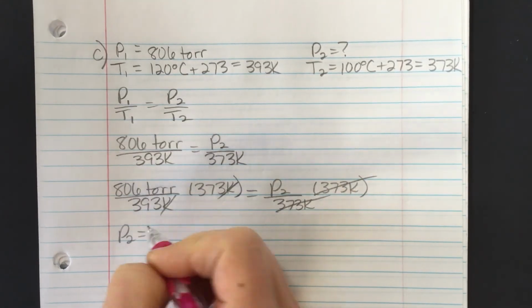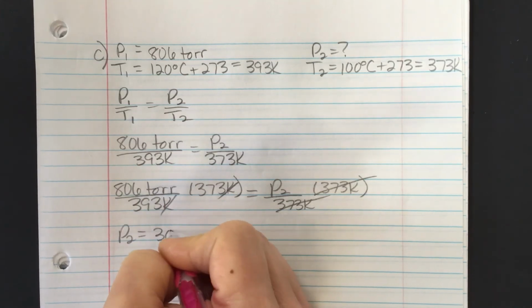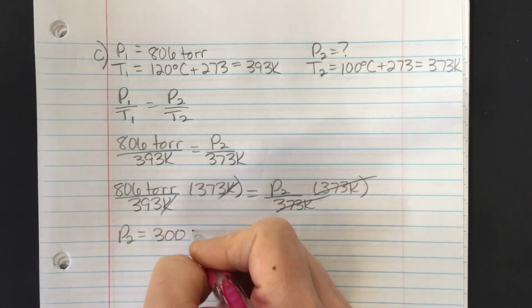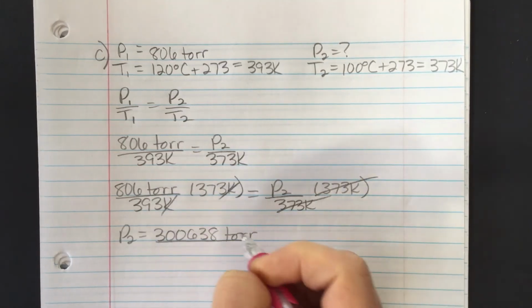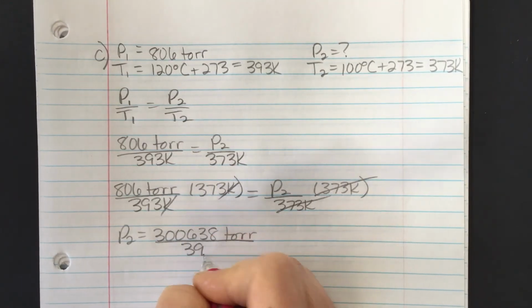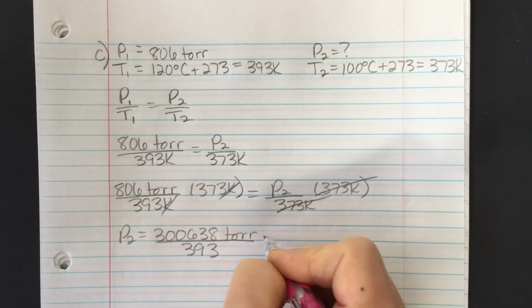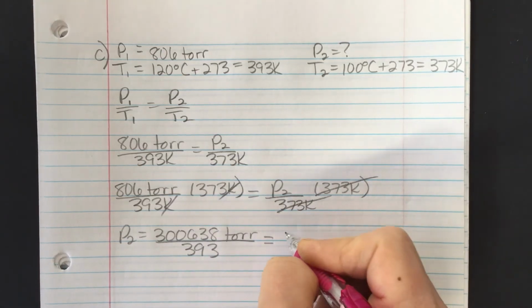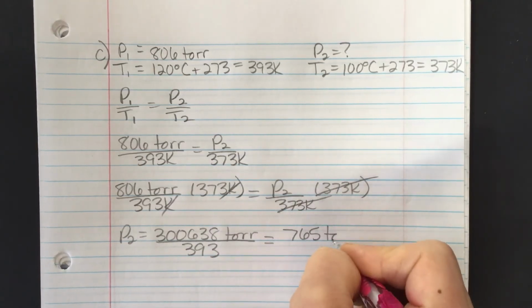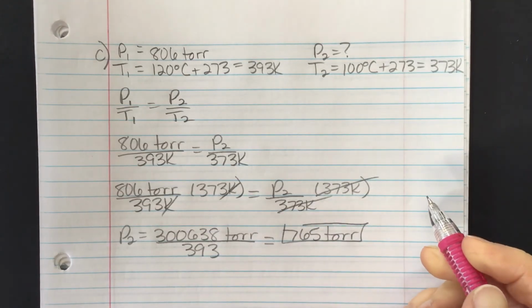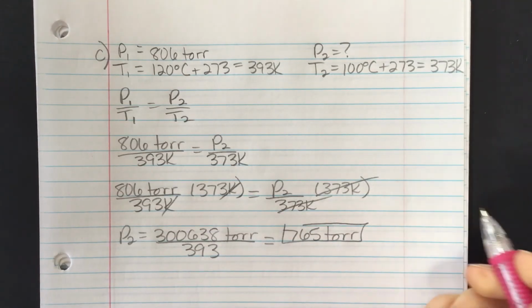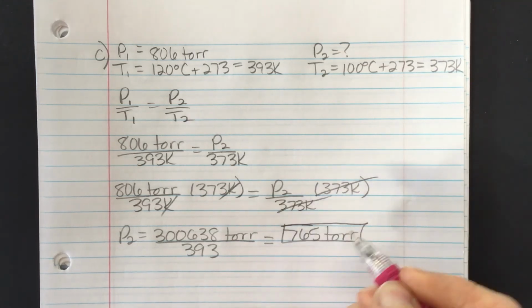So P2 equals 300,638 torr over 393, which when we do the division is 765 torr. And we would expect if we drop the temperature that the pressure would in fact drop.